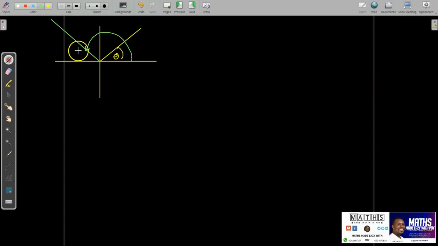Therefore, how do I get the special angle? The special angle must be drawn towards the x-axis. This is the angle we are looking for, but they've given you theta, which is here. So if theta is that green big space, and I want to find the white space, which is the special angle we are interested in, how do I get that white space? What must I do to the theta?